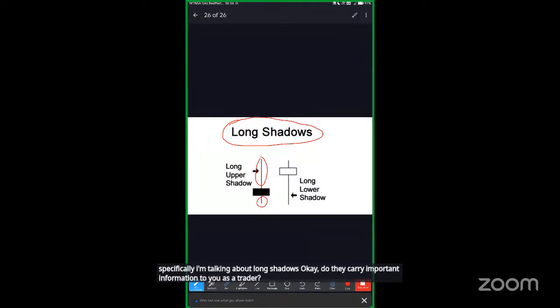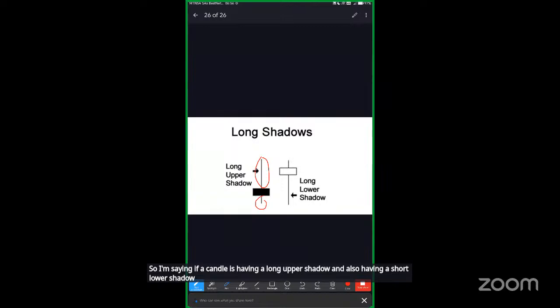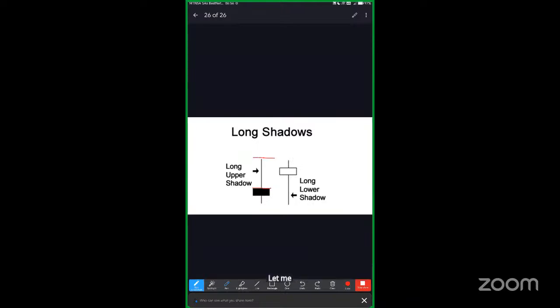So I'm saying if a candle has a long upper shadow and a short lower shadow, this means that in this trade session, the buyers flexed their muscle to push the price high. Let me say it again.